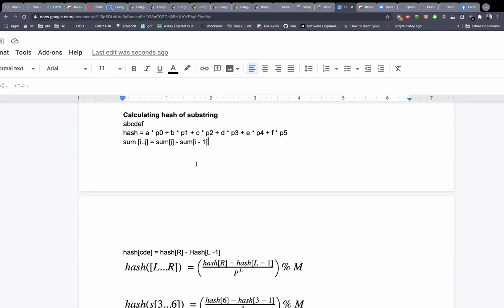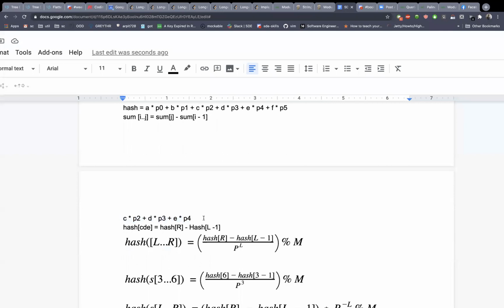For example, if I have subtracted the previous part and I am calculating the hash of CDE, what I will be having is C into P2 plus D into P3 plus E into P4. If I do this subtraction, hash of R minus hash of L minus 1, I will be left with C into P raised to 2 plus D into P raised to 3 plus E into P raised to 4. Is it clear?